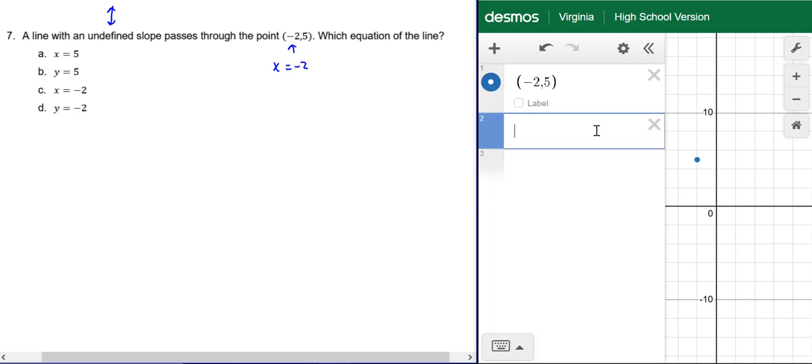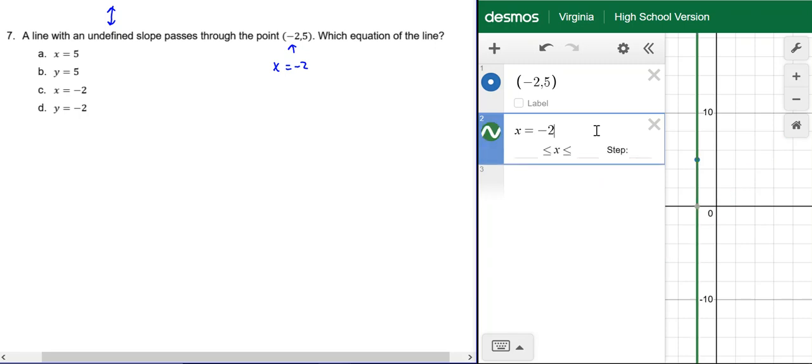There's a vertical line. Again, it's a vertical line because it's an undefined slope. That's vocabulary you should remember. And it's going through that specific point. So x equals -2 is my answer.